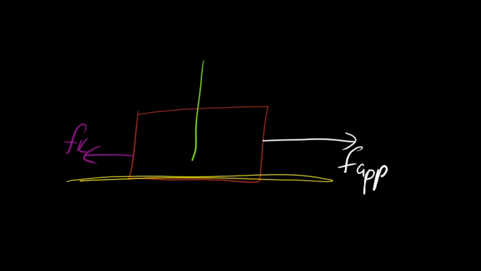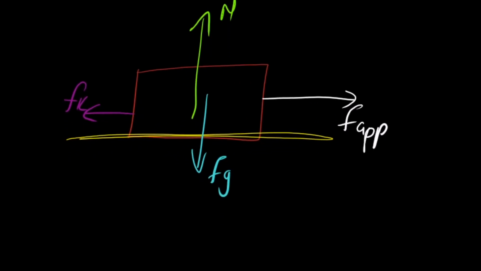We have our normal force, and lastly we have the force of gravity. Now focusing on the motion of the object, let's say the direction of motion is this direction. Actually the proper term is that the displacement of this object is in this direction. That is our change in x.